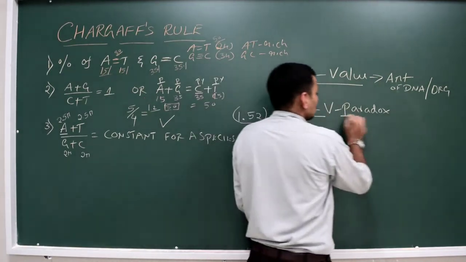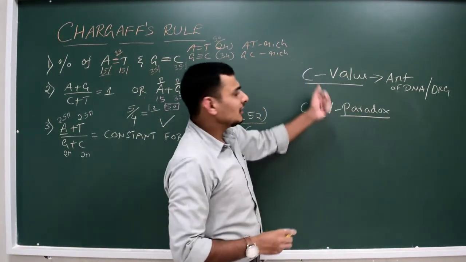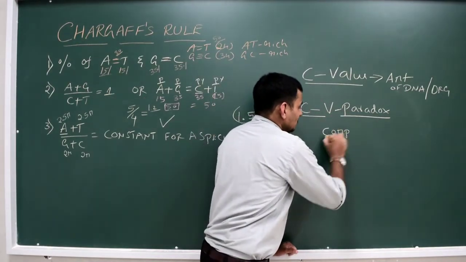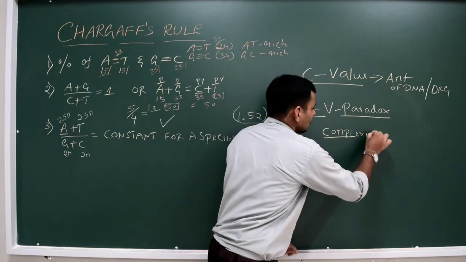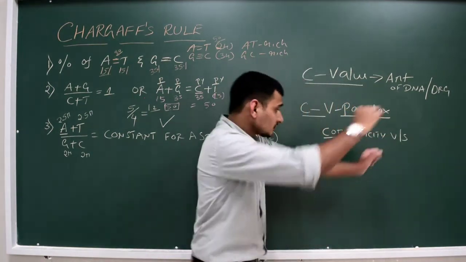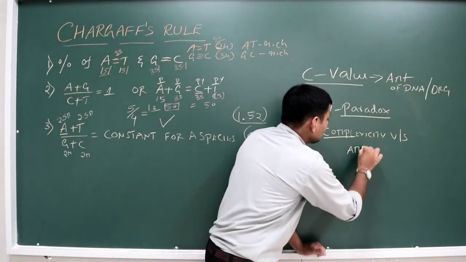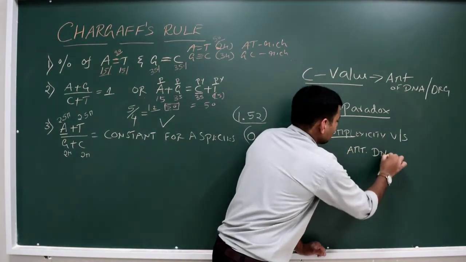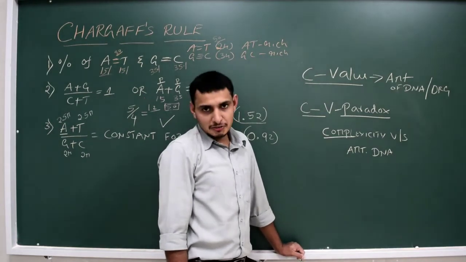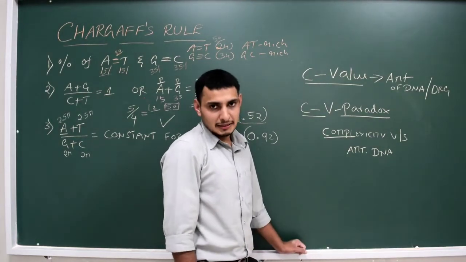C value paradox. What is it? It is the difference between the complexity of an organism and the amount of DNA present. So you are just comparing the complexity of an organism with the amount of DNA in the organism.